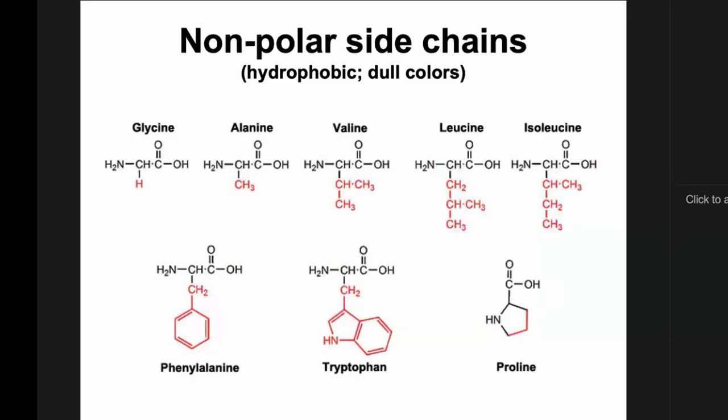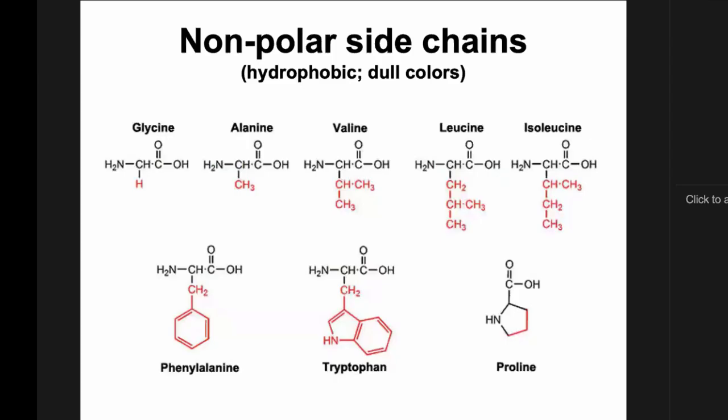is polar or non-polar. So a non-polar side chain is a group of atoms attached to the amino acid that has no net charge one way or the other. It's not slightly more positive, it's not slightly more negative, it's completely electrically neutral.